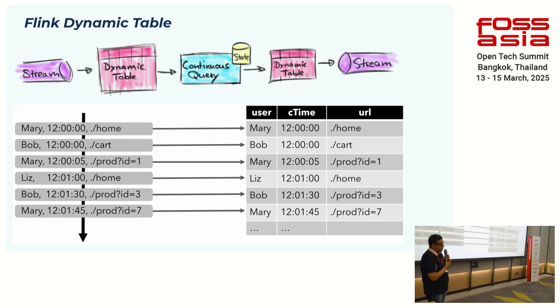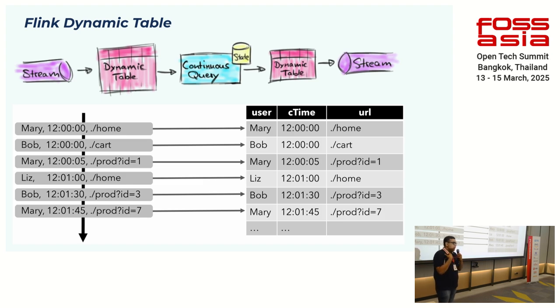Your queries start running on that dynamic table, and it creates another dynamic table as a result set. So if I want to do some filters, select column A, column B, group by column A, and maybe put some aggregation function on column B, it would create a dynamic table as an output of this query.